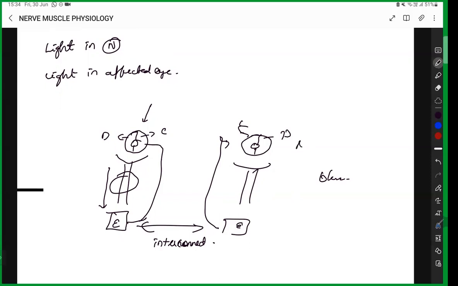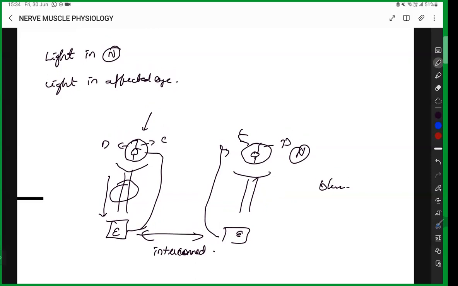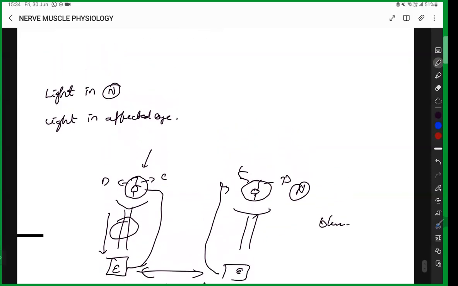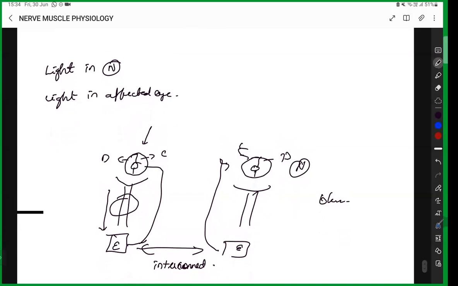This is a normal eye. Whenever light is cast, it stimulates the optic nerve and the Edinger-Westphal nucleus. Therefore, there is constriction of the pupil through the oculomotor nerve, on both the same side and the opposite side. When there is an affected eye, it does not constrict, neither the same eye nor the opposite eye.